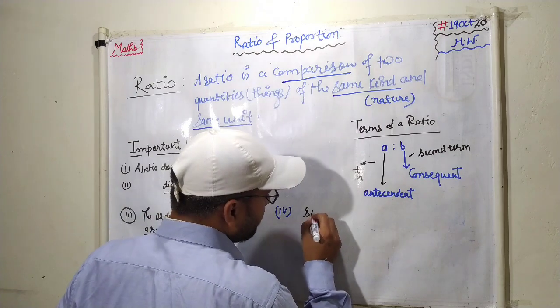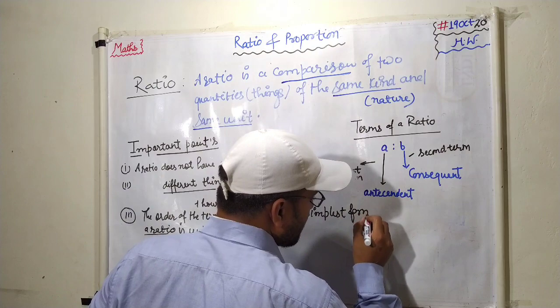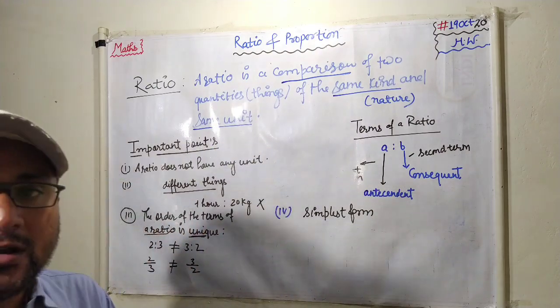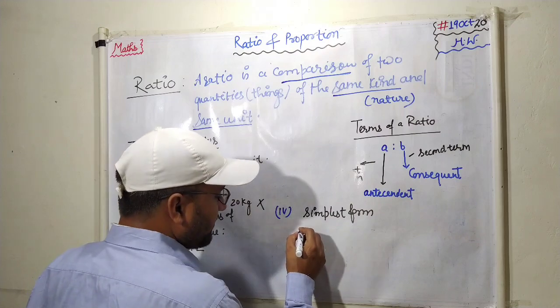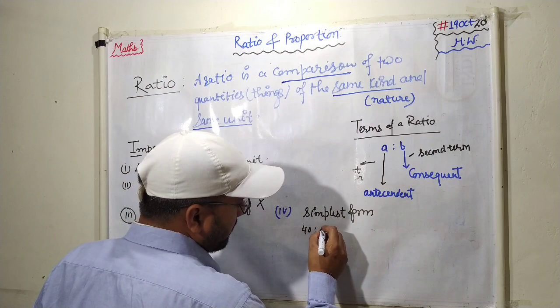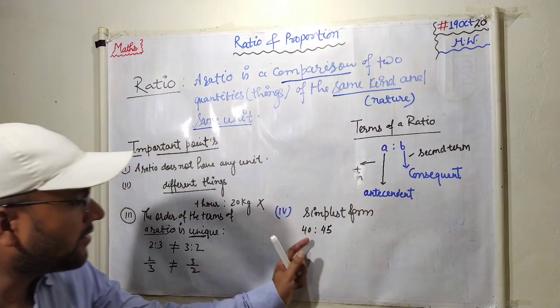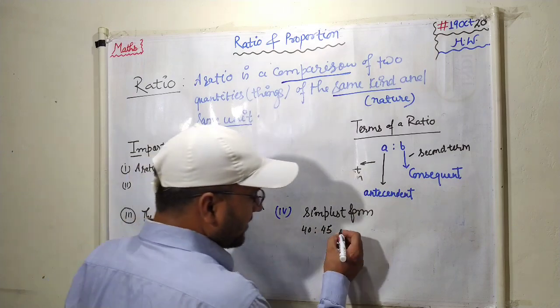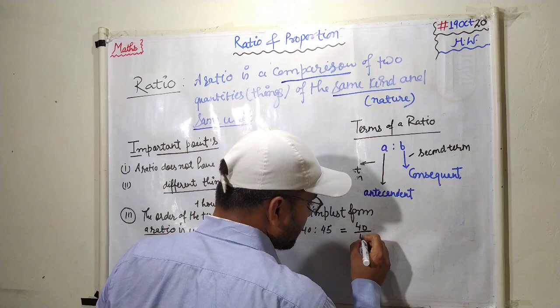Always keep your ratio in the simplest form. Suppose a ratio is given as 40:45. I think they are not in the simplest form. Change it into a fractional form first.